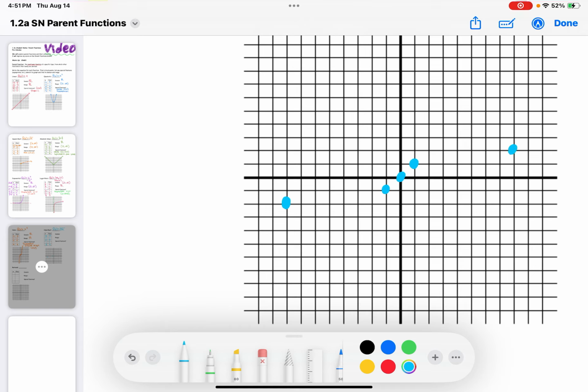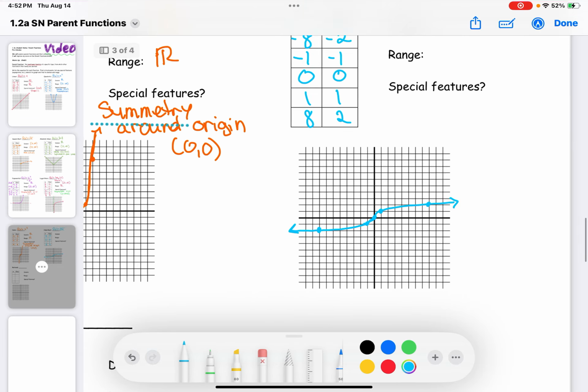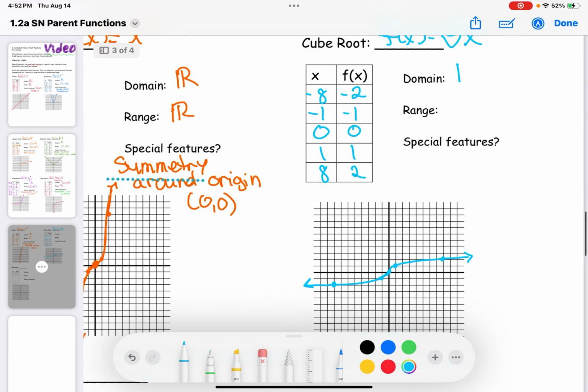Our function starts on the left, goes to 0, 0, zigzags through 0, 0, and continues to the right. So our domain here, left to right, is all real numbers. Our range, bottom to top, will go all the way to negative and positive infinity.